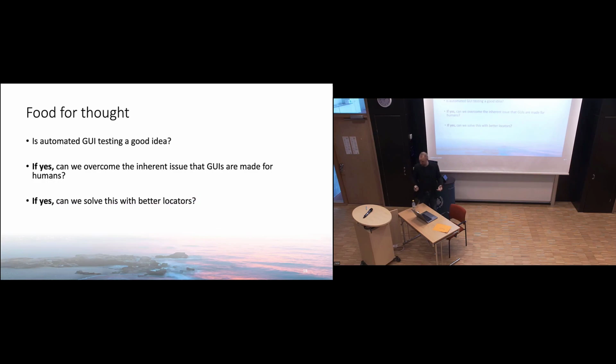And if we can overcome this problem, can we solve it with just better locators using image recognition and these multi-locators I was talking about? Or do we need something else, something even more powerful that we haven't even conceived yet? And if yes, if we can solve it with locators, what else than just functional testing and regression testing or even exploratory testing can we use this for?